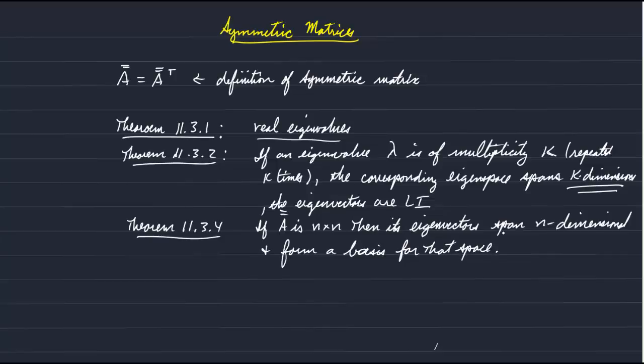In other words, all the eigenvectors of a symmetric matrix are linearly independent and therefore span n-dimensional space, and therefore could be used as a set of base vectors for all the vectors in that space.